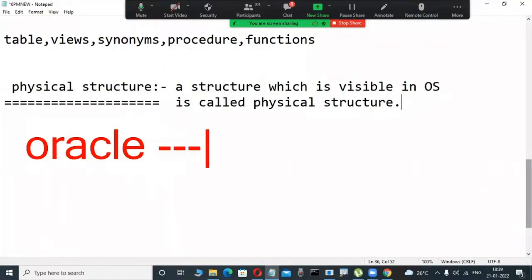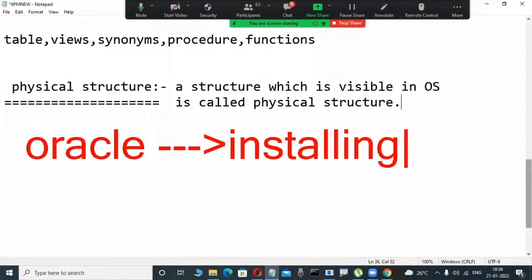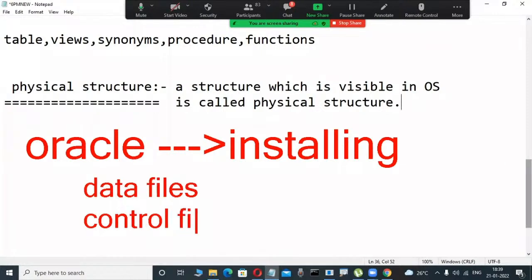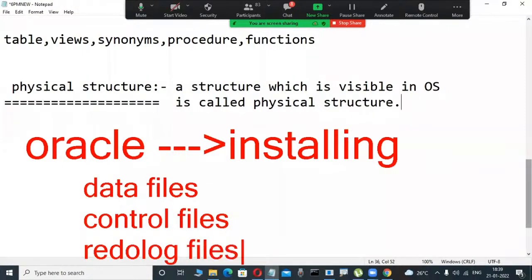Whenever I install Oracle, physical files are created automatically: data files, .dbf files, control files, and redo log files. You don't have an idea about these now; in the future DBA concept, this is just a rough introduction in our course.